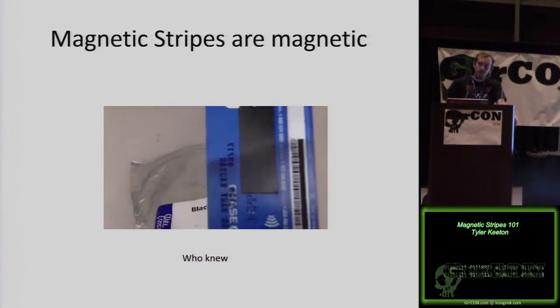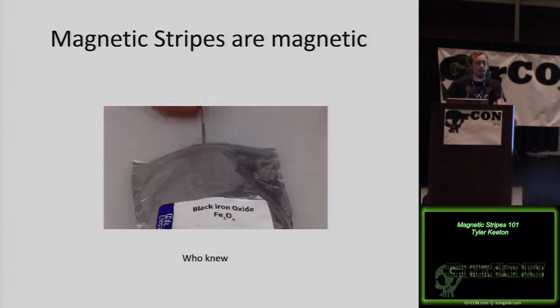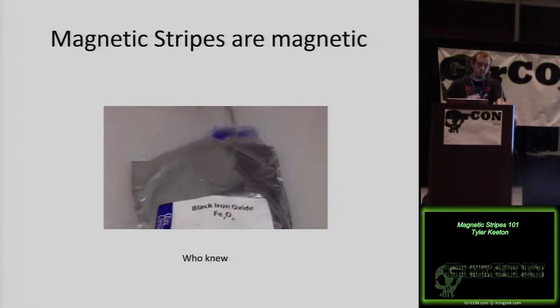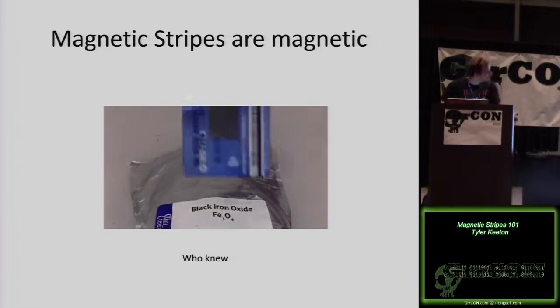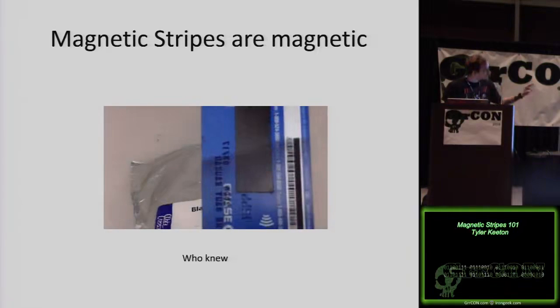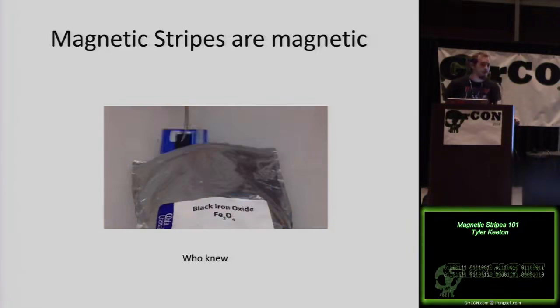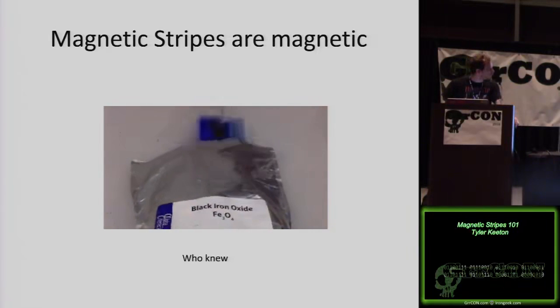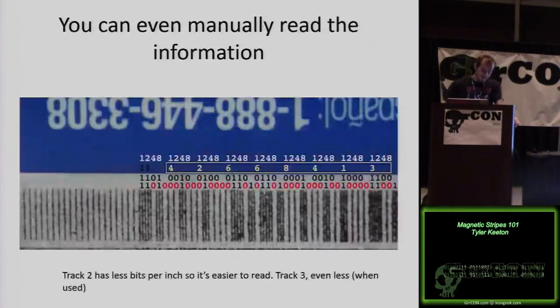So if you dump a mag strip into a bag of black iron oxide, it will stick to the card. And you can see here track 1 and track 2. There's no third track on banking cards usually. And if you look closely, you can see the data manually. In fact, if you take black iron oxide and magnetize it as well, you can take a piece of Scotch tape, put it right on, and lift the card right off.